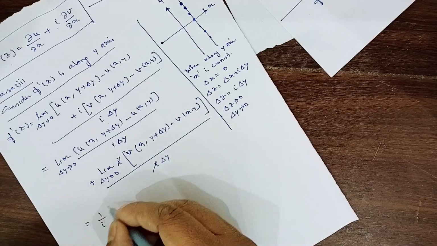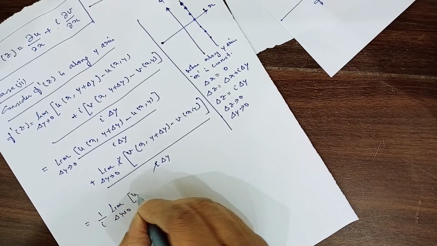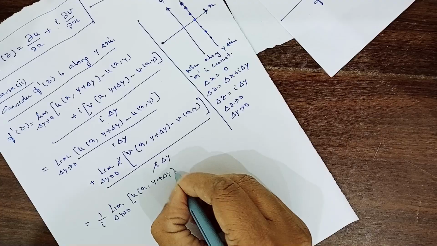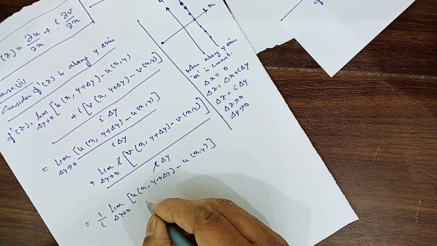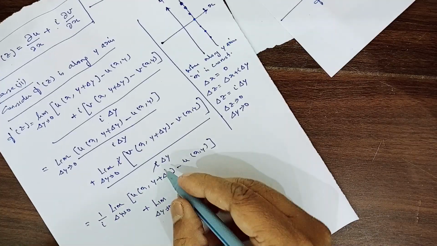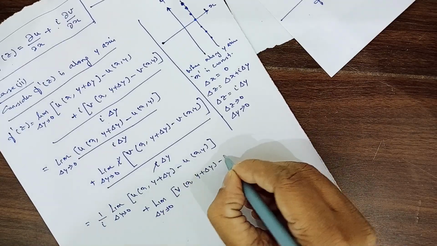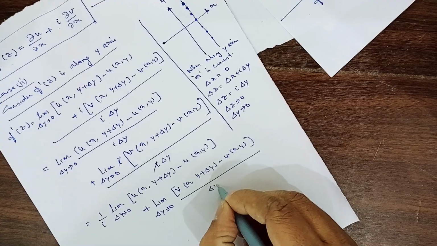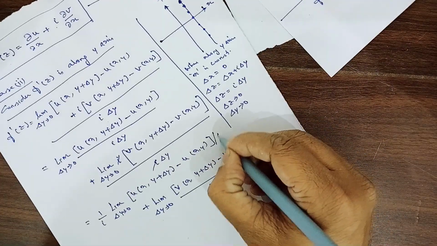So 1 by i, limit delta y tending to 0 of u of x comma y plus delta y minus u of x comma y, plus limit delta y tending to 0 of v of x comma y plus delta y minus v of x comma y, divided by delta y. Here also I missed delta y. This is delta y. Okay.